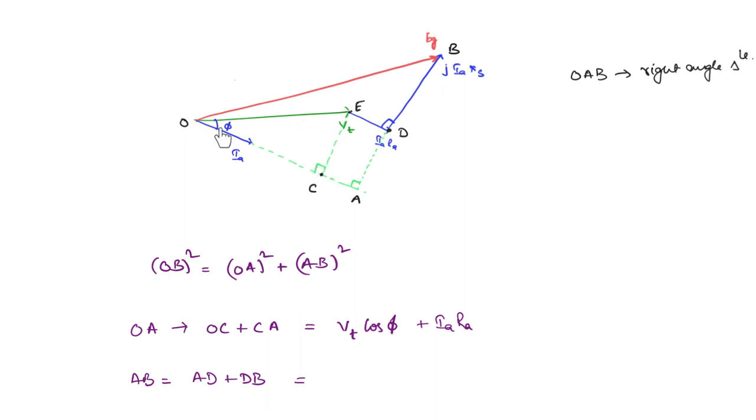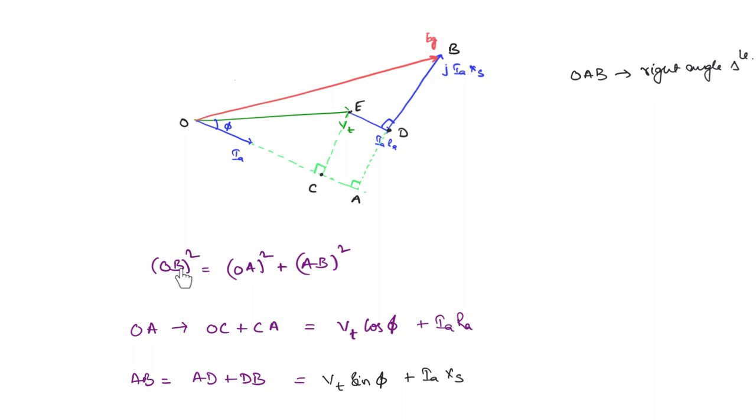Once again in this triangle, this angle is phi, this is the hypotenuse VT, this is going to be VT sin phi. So this is VT sin phi. Then what about DB? This is nothing but the drop across the reactance. So you're going to get IaXs.